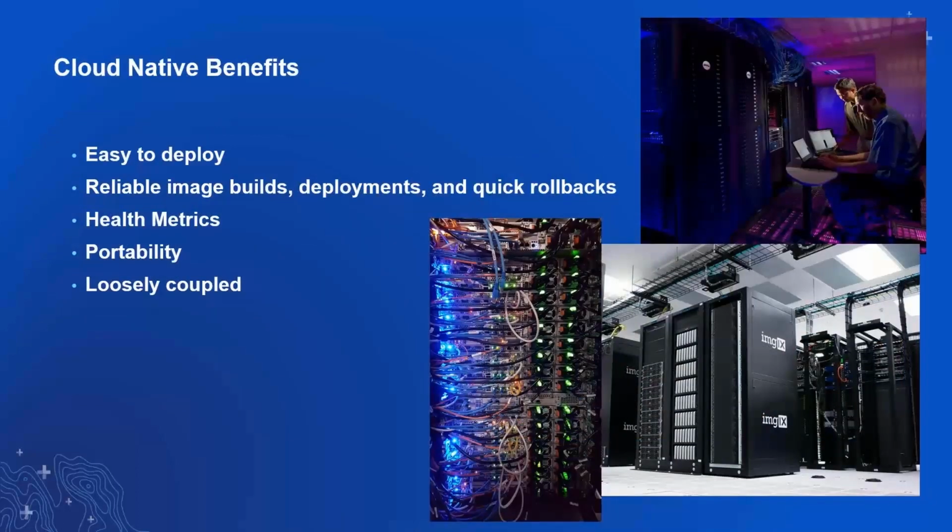So you might ask, well, what are some of the benefits of this new deployment pattern? Well, it makes deployments easier. Cloud native is easier and utilizes more efficient use of container images versus virtual machine images. It provides reliable image builds, deployments, and quick rollbacks.